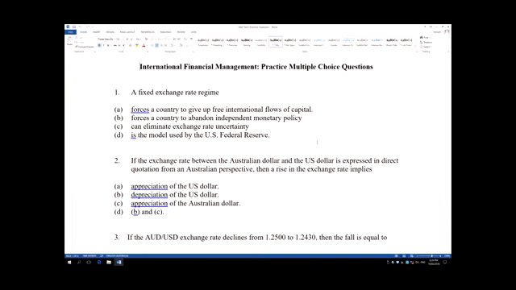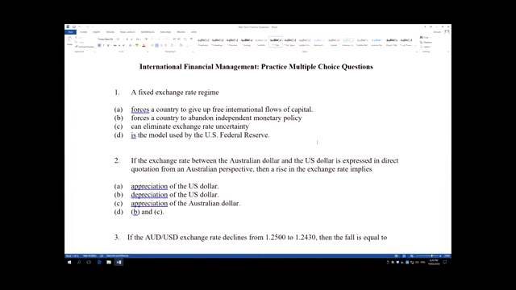Okay, question 3. If the Australian dollar US dollar exchange rate declines from 1.25 to 1.2430, then the fall is equal to A, B, C, D? It's 70 points, right? So remember that 1 point is equal to 0.0001.